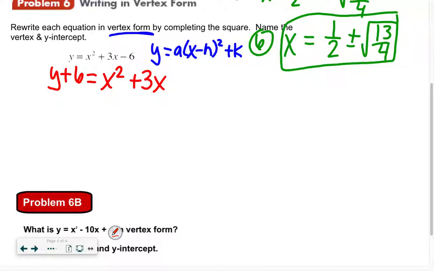Okay. Now I need to figure out what number gets added to both sides. How do I do that? Yep, b divided by 2, which is 3, so 3 divided by 2, fractions or decimals? Leave fractions, okay.